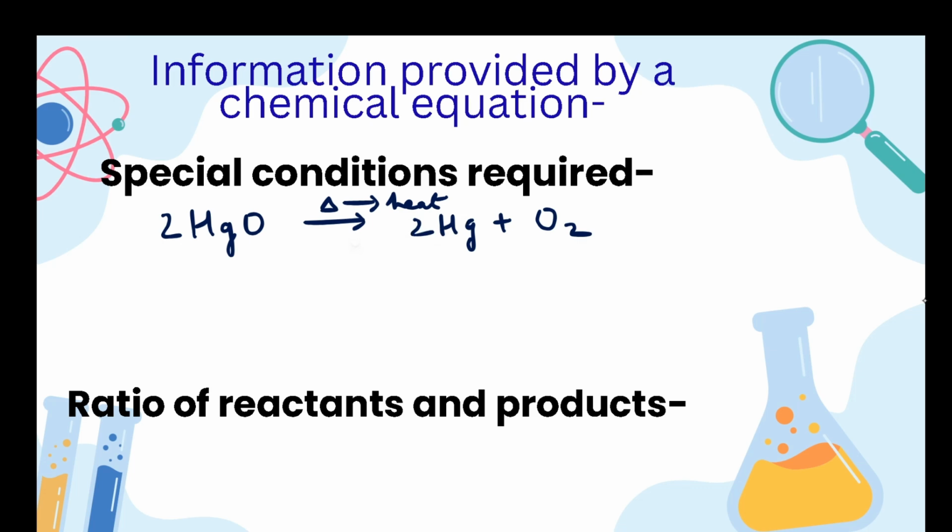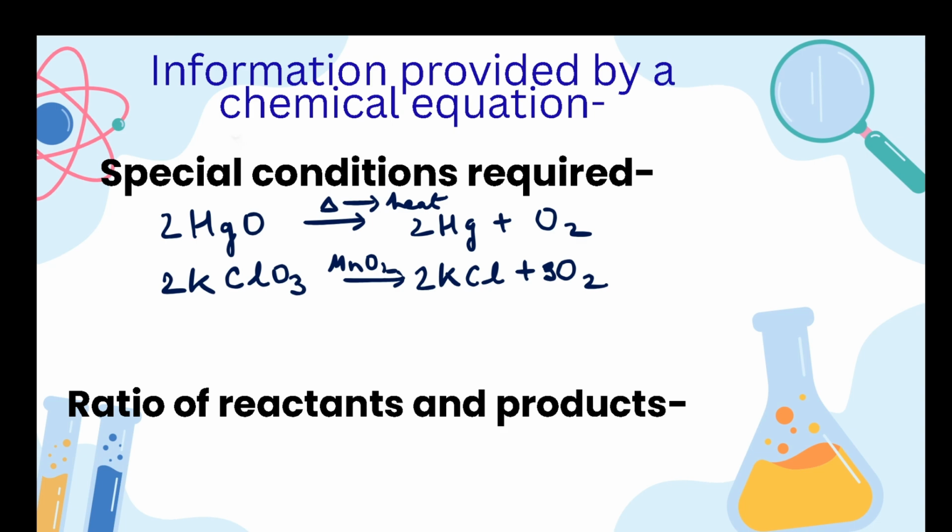Reactions like potassium chlorate take place in the presence of a catalyst, so we write the catalyst over the arrow. This catalyst will help in the decomposition of potassium chlorate to potassium chloride and oxygen. That is how the given chemical reactions take place when certain special conditions are present.